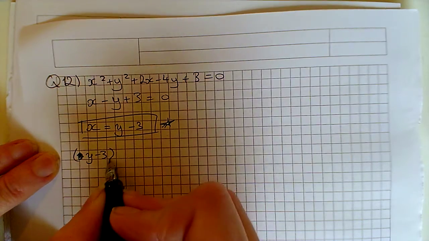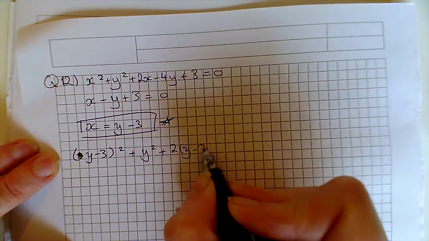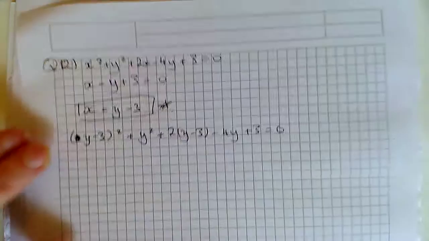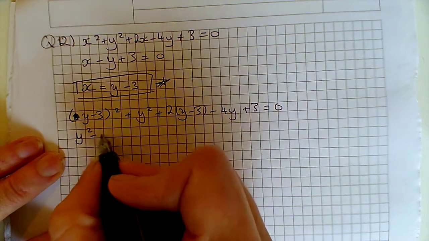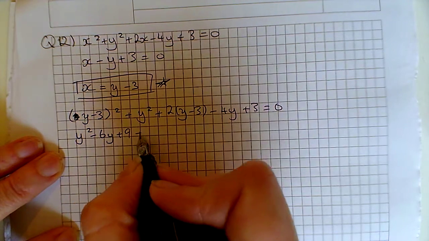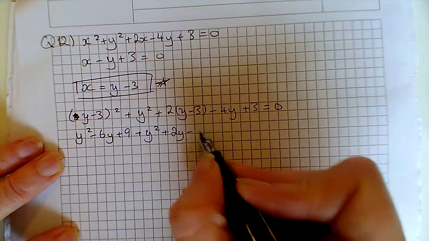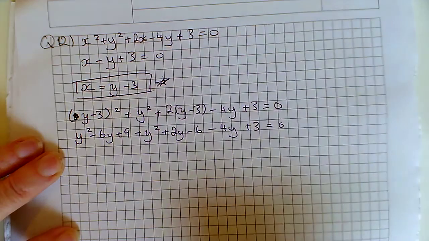I replace it in here. (y minus 3) squared plus y squared plus 2 by (y minus 3) minus 4y plus 3 equal to 0. We'll get a quadratic. y squared minus 6y plus 9 plus y squared plus 2y minus 6 minus 4y plus 3 equals 0.